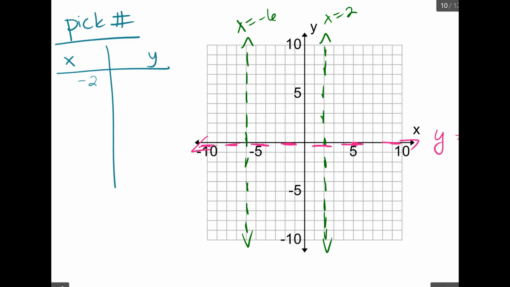Okay, so you put in -2. Exactly. So it's positive.